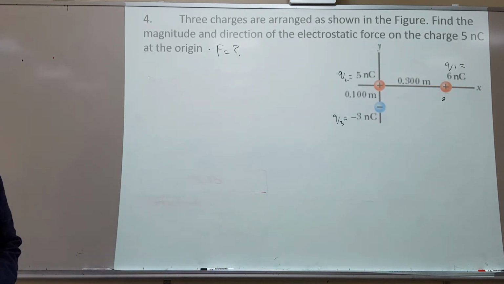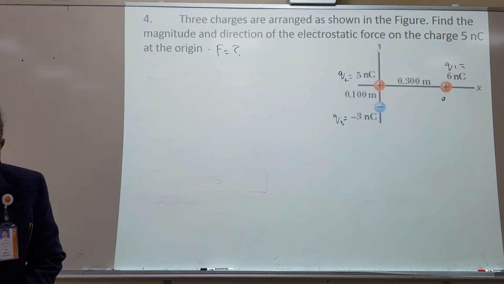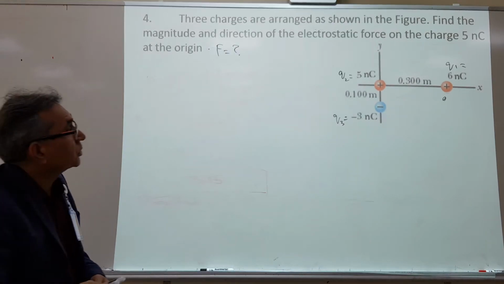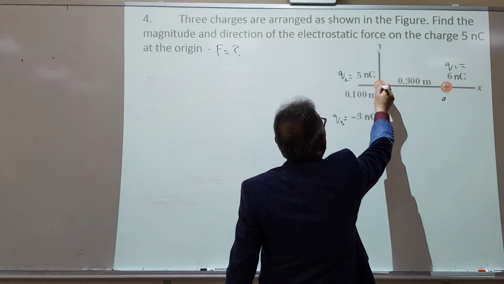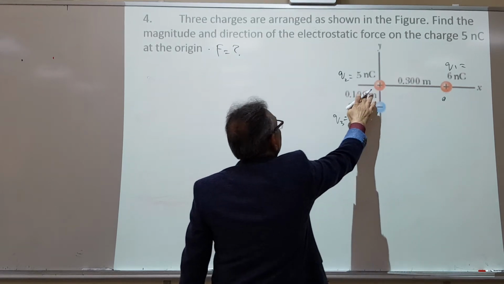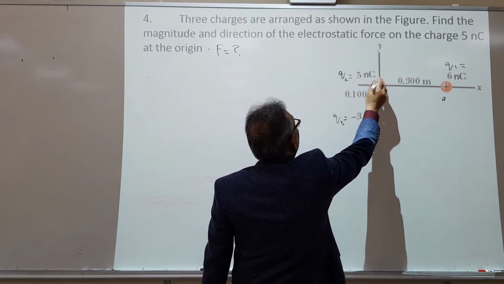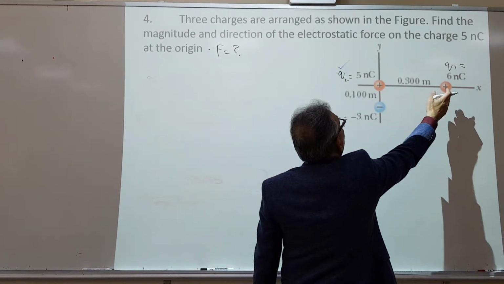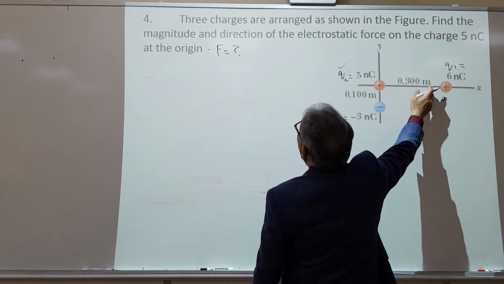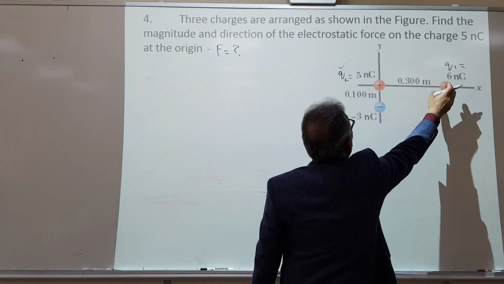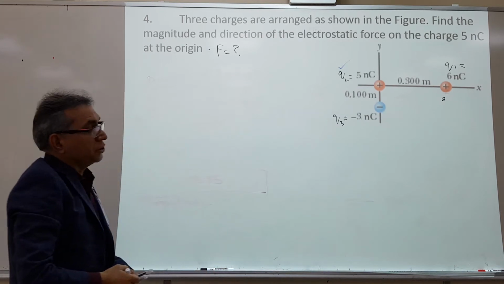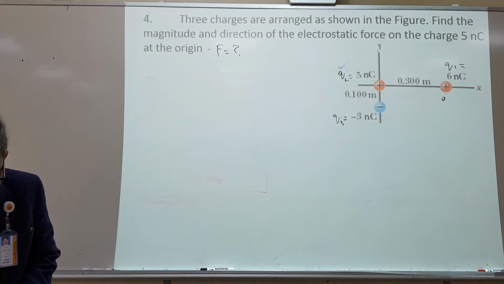Distances are given to you. So you have this charge Q2, the charge of interest. So you have to find the resultant force on this, by this charge and then by this charge on this Q2, and find the resultant.